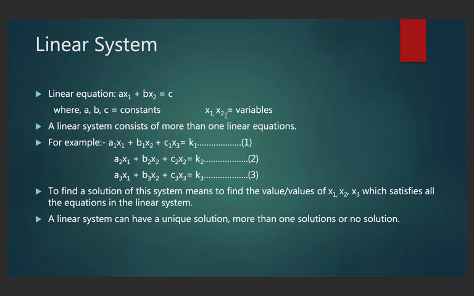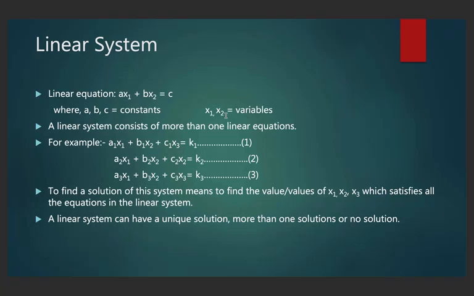For example, a1 x1 plus b1 x2 plus c1 x3 equals k1, a2 x1 plus b2 x2 plus c2 x3 equals k2, and a3 x1 plus b3 x2 plus c3 x3 equals k3. Since you can see there are 3 unknowns, x1, x2, x3, you need a minimum of 3 equations to find the 3 unknowns. To find the solution of this system means to find the values of x1, x2, x3 which satisfy all the equations in the linear system.